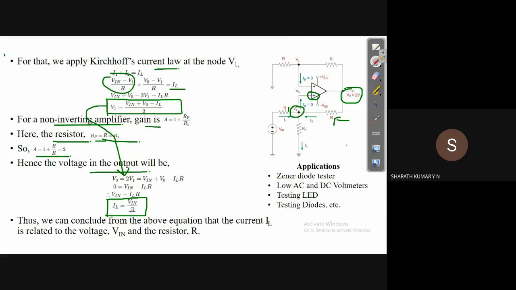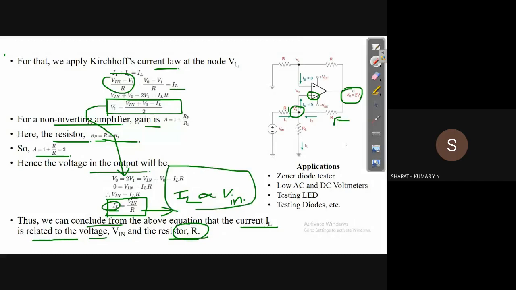If R is fixed, the load current is proportional to the input voltage. Thus we can conclude from the above equation that the current IL is related to the voltage Vin and the resistor R. As long as R is fixed, IL is proportional to the input voltage.